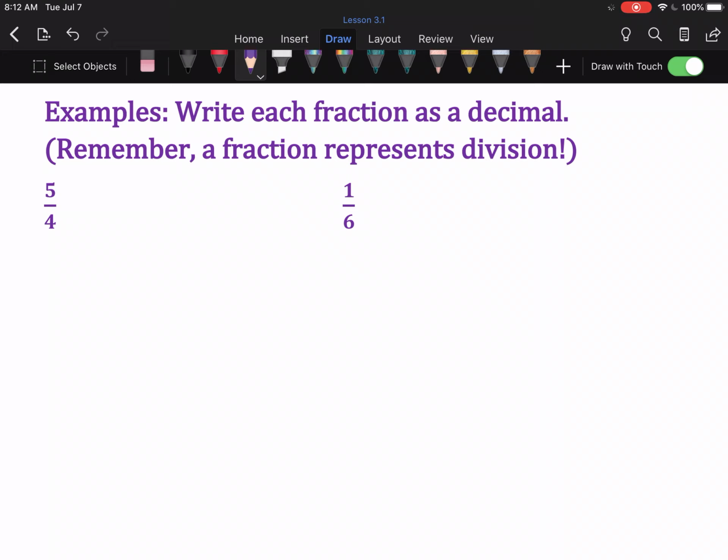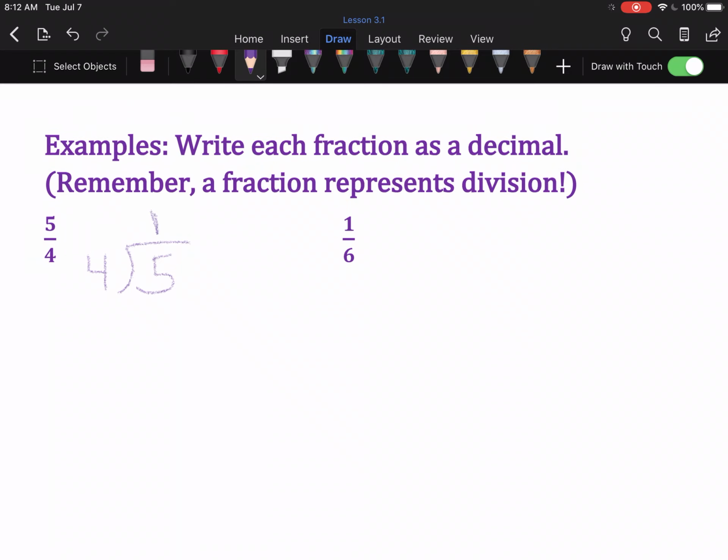This is 5/4, which is 5 divided by 4. 4, of course, goes into 5 one time. And when I subtract, I have a remainder of 1. You're not allowed to have remainders. So you have to put in a decimal point, which you're allowed to do, and start tacking on zeros.